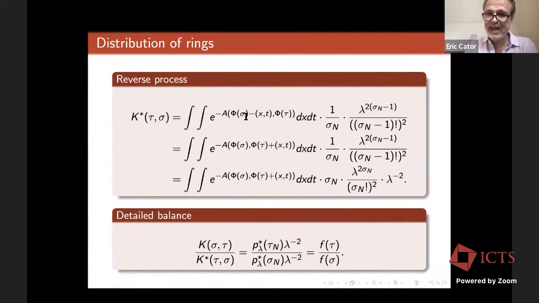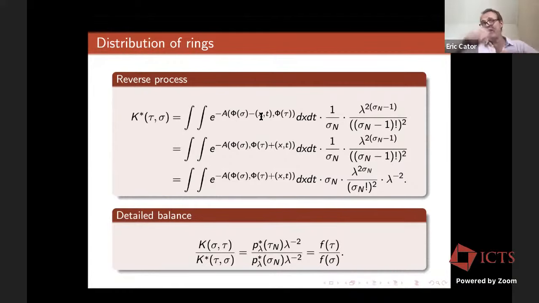This one, it's basically the same as before, but there's a slight difference. So I now fix phi of tau, and then I have to move phi of sigma, I have to move it down so that it gets below phi of tau. So that's why I subtract x of t here. But of course, if you take two paths and you move one down, the area is the same as moving the other one up. It's the same thing.